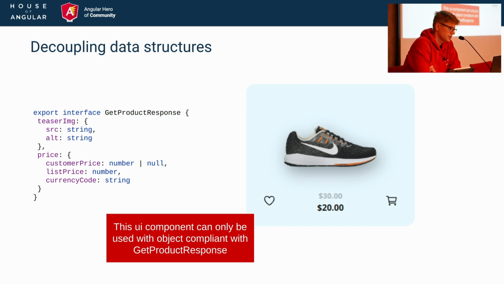Imagine that in some projects, the get product response is passed to the UI component, and every time we want to change the contract with the backend, we need to update our UI elements, which is really, really painful for our application.